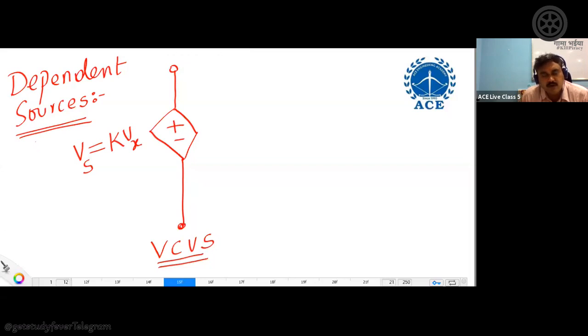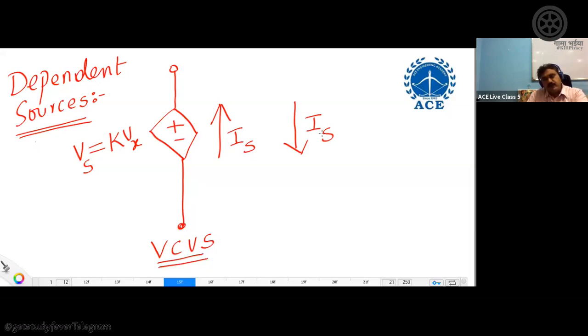Now, when you say voltage controlled voltage source, magnitude of the voltage source is completely controlled by voltage across any other branch present in the network. That is the meaning of this statement. Now, suppose if I keep the direction like this, Is, what will happen? Or if I change the direction like this, what will happen? What is the meaning here? This is a voltage controlled voltage source fixed.